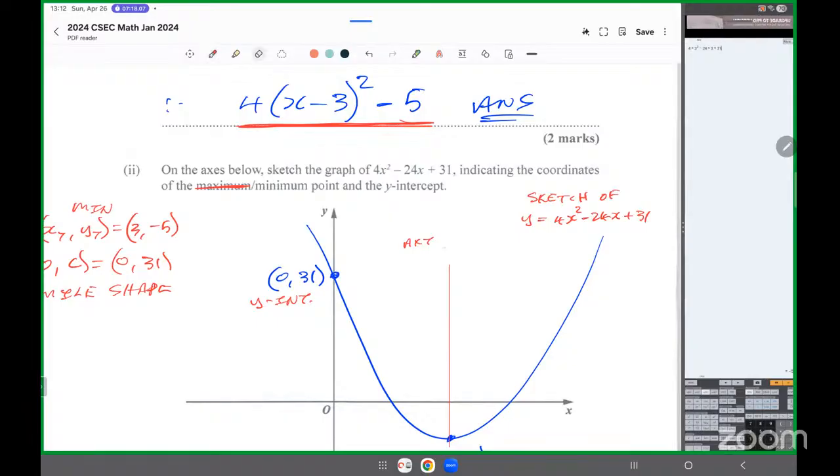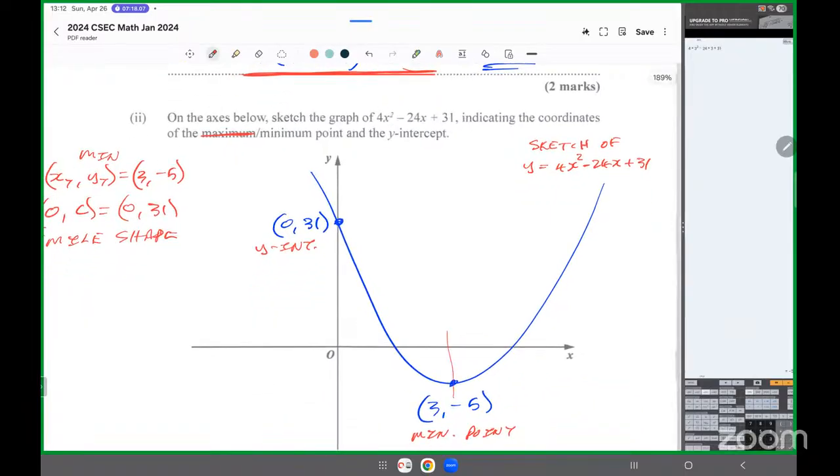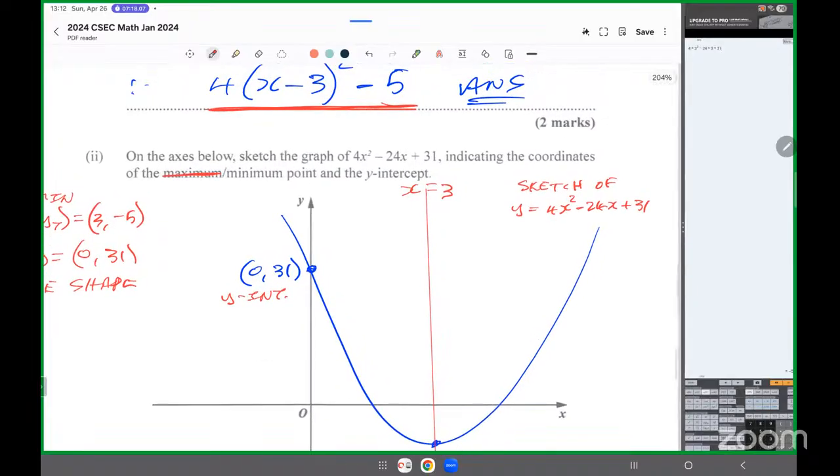I go all the way up, you know, draw it all the way through the graph like this. That line is a line x equals 3. That is the axis of symmetry.